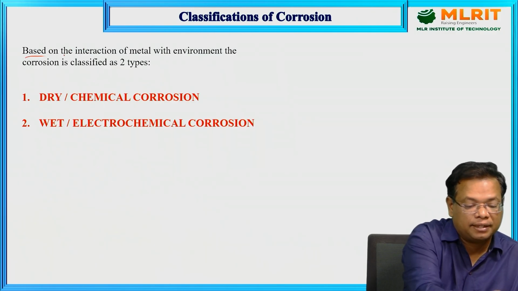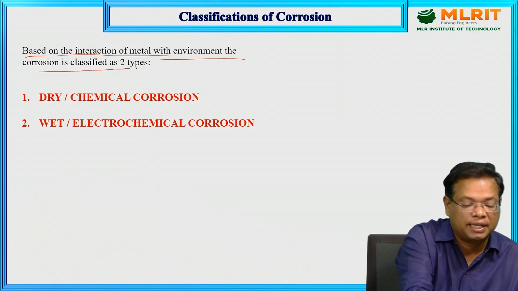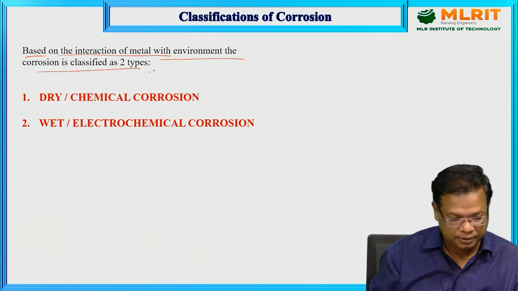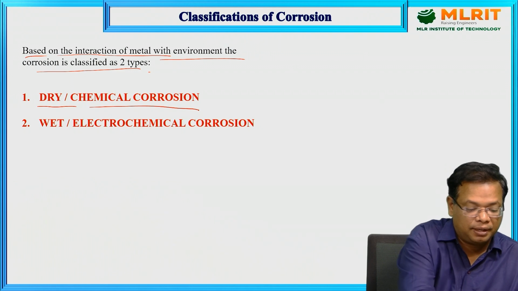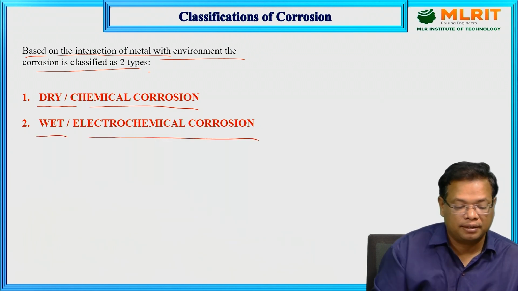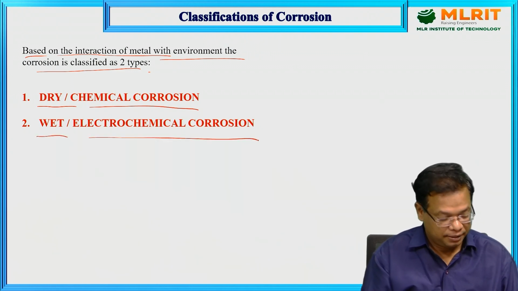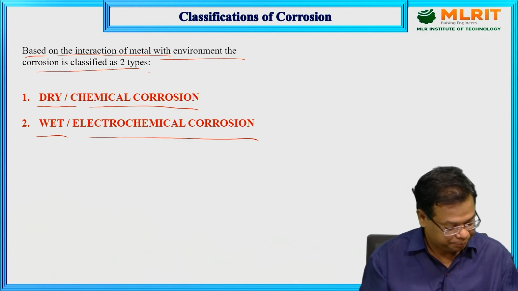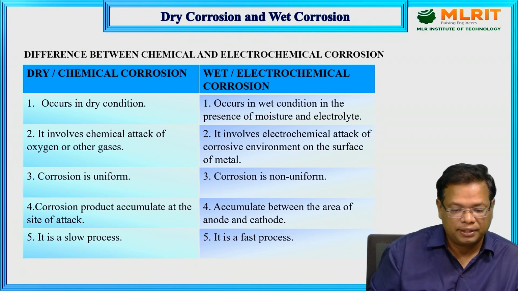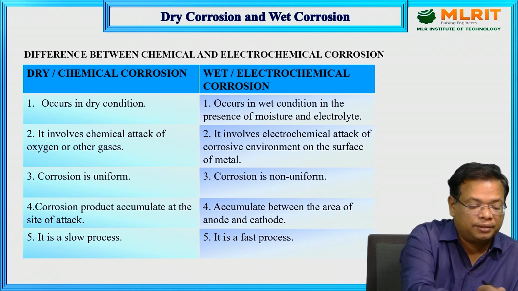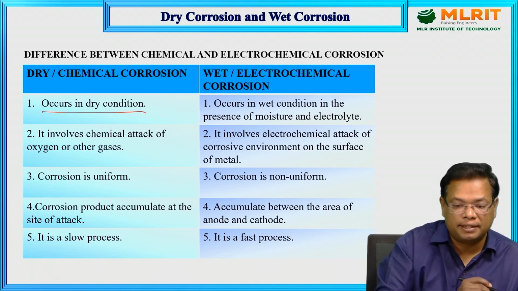Based on the interaction of the metal with the environment, the corrosion is classified into two types. So one is dry or chemical corrosion, and the other is wet or electrochemical corrosion. So these are the two different classifications. Dry corrosion occurs in dry conditions.